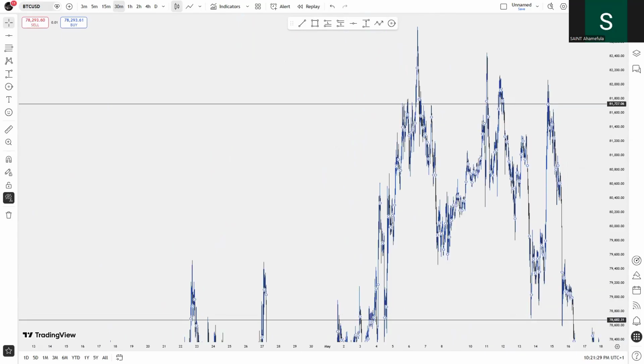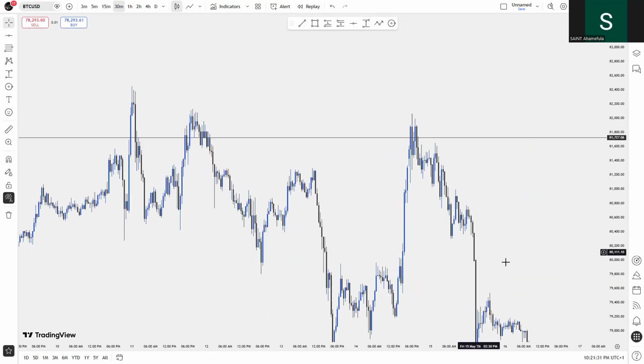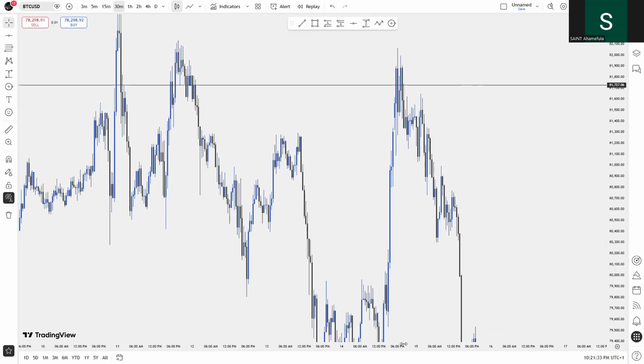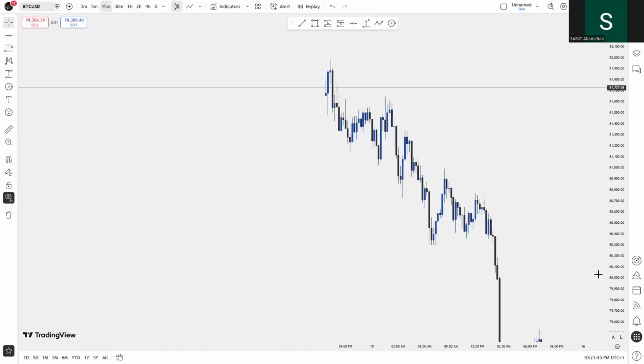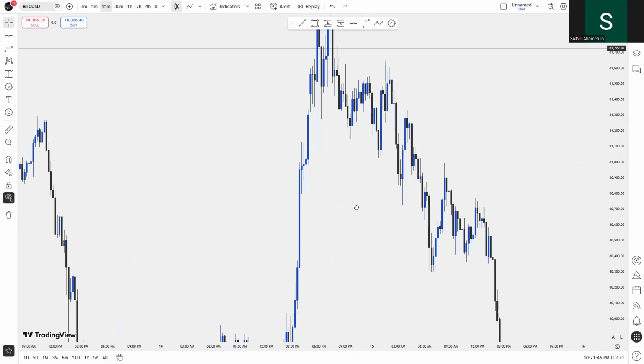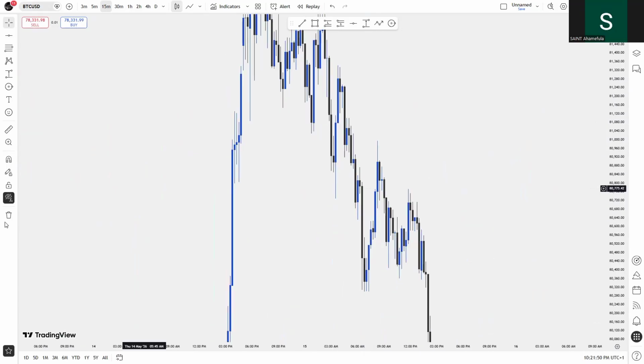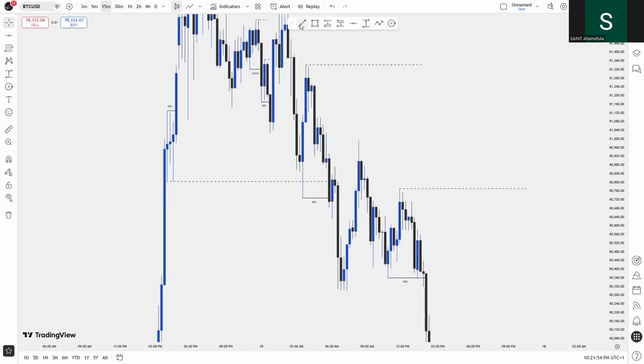Initially, if I was active, I would have taken a sell inside this zone here, but there was nothing there. So what did we do? We waited for price to give a double break of structure, then inducement, then POI, which of course you can clearly see it gave here, right?